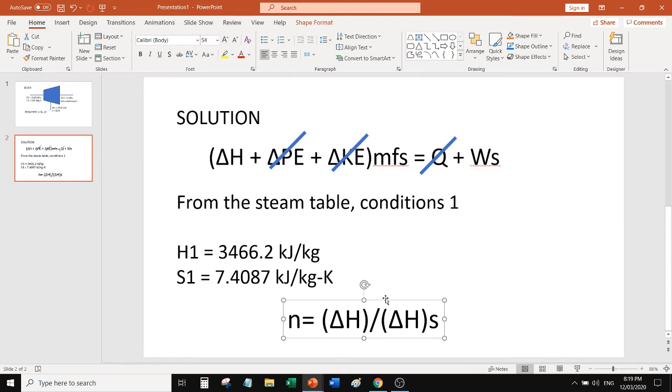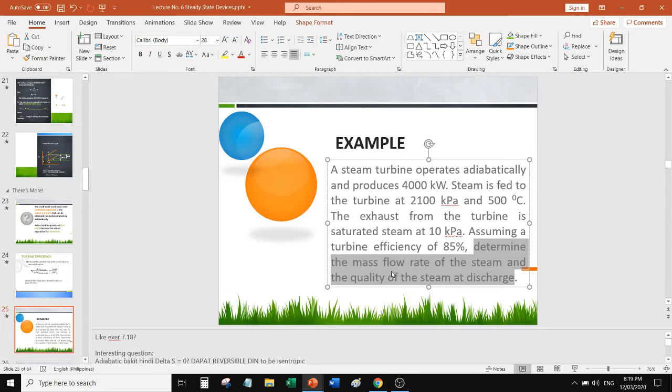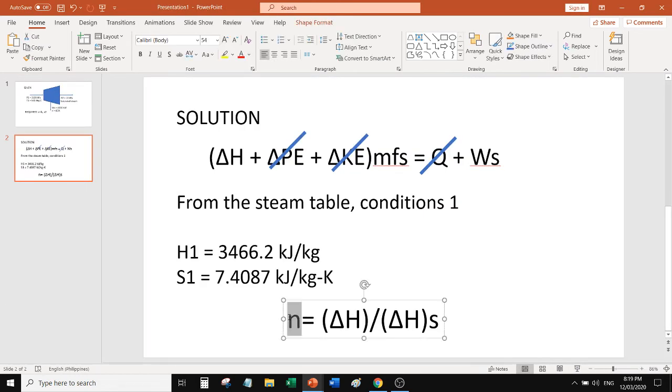Okay? So, meron tayo nitong efficiency. Ang problema pala ay hindi pala natin siya agad magagamit.